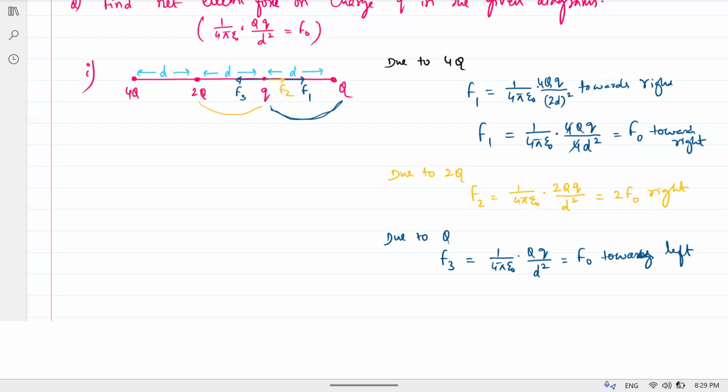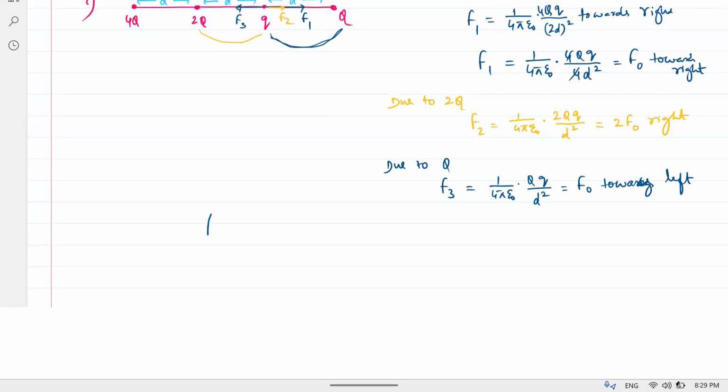Net resultant force is F1 plus F2 plus F3, and F3 is in the opposite direction, so it will be F1 plus F2 minus F3. F1 is F naught, F2 is 2F naught, F3 is F naught.